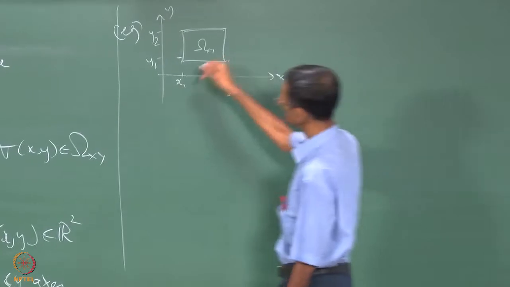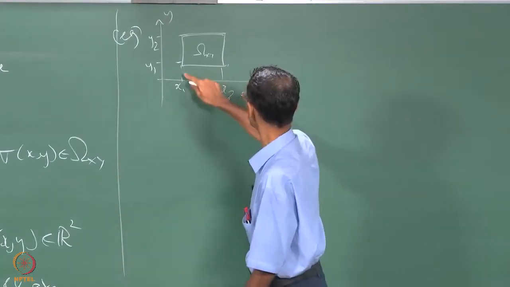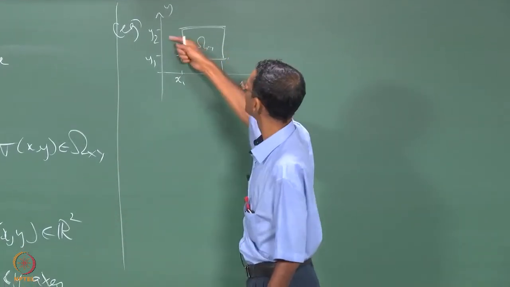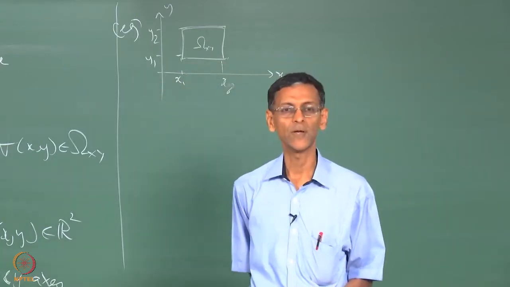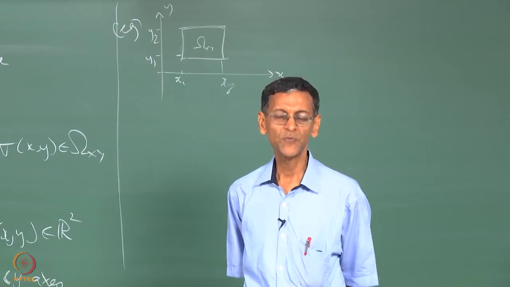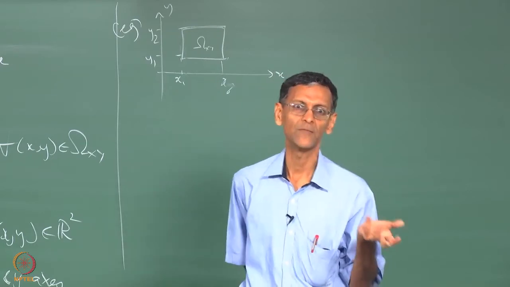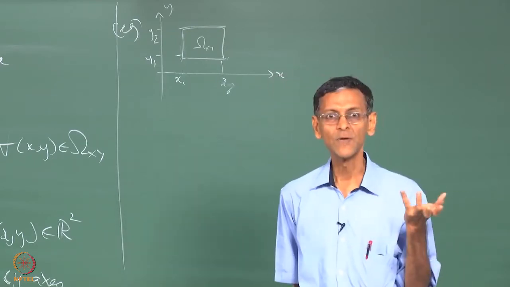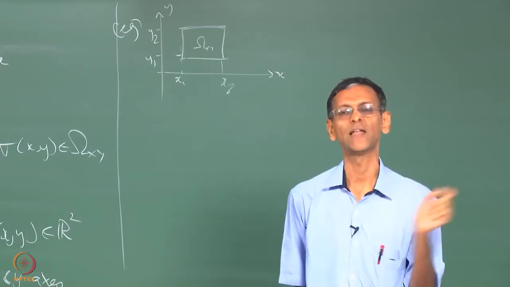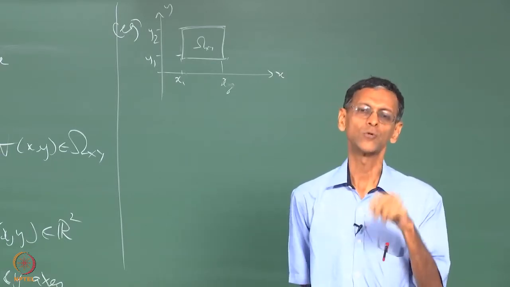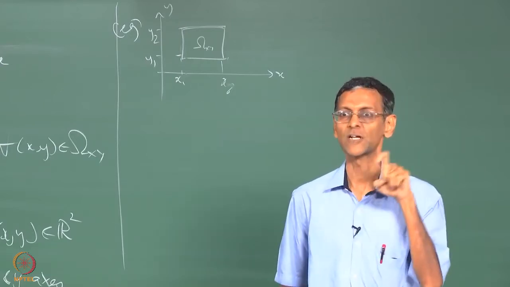Why is this such a necessary condition for independence? It means that essentially for any value of y, the x takes the same set of values, x1 to x2. This is profoundly in contrast to what we had for the darts example, isn't it? When we restricted x and y to be in a circle, as we changed the values of what x could take, the y range was shrinking or expanding.